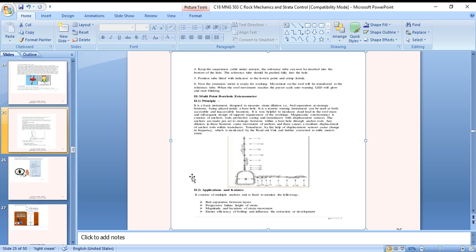Application and features. It consists of multiple anchors and finds the following: separation between the layers, propagation of failure length, magnitude and location of the strata movement, ensuring efficiency of bolting and the influence of extraction or development.